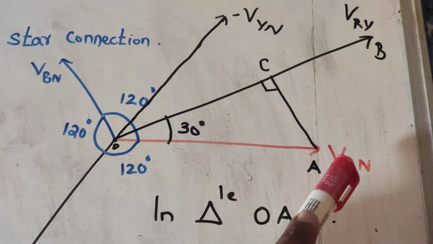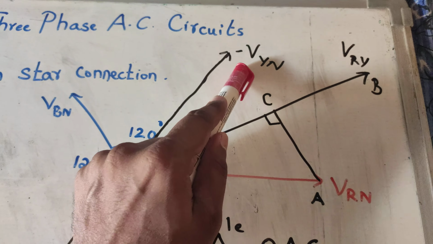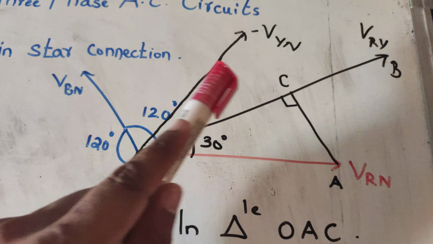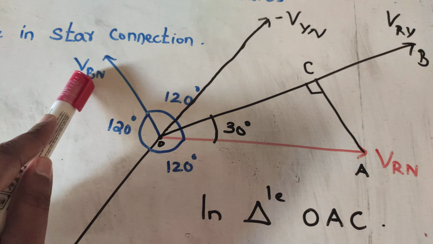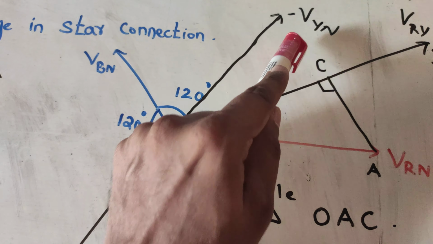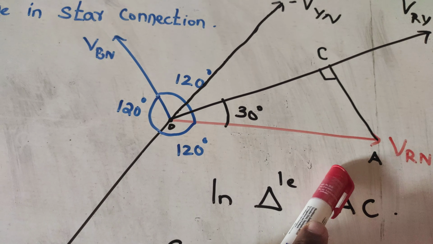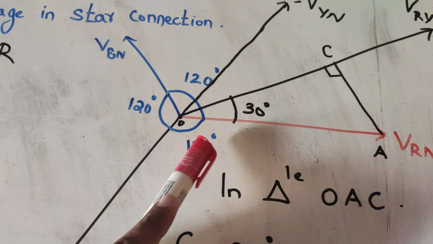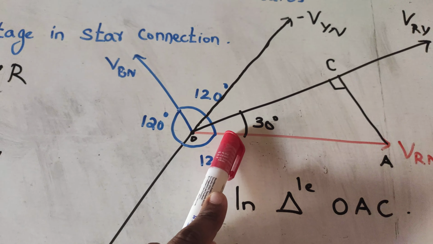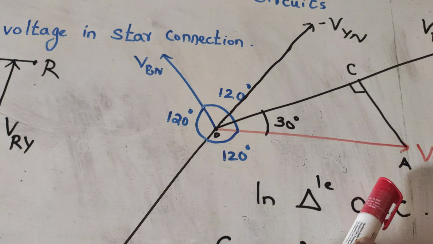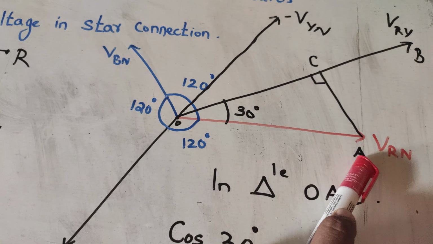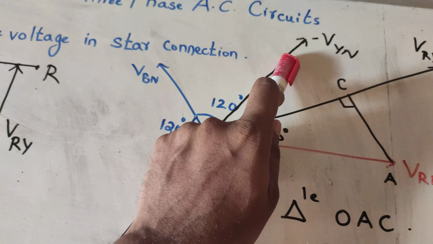The angle between minus VYN and plus VBN is 60 degree. So, in between minus VYN and VRN, I will be drawing VRY, which will be having the angle 30 degree. Therefore, VRY is the line voltage drawn between the phase voltage VRN and minus VYN.